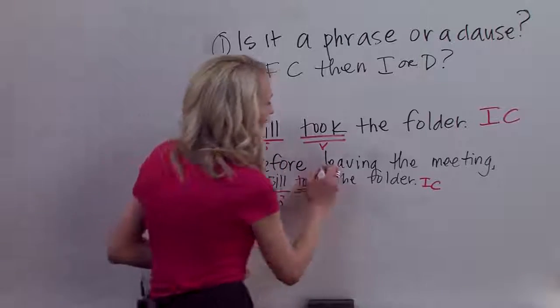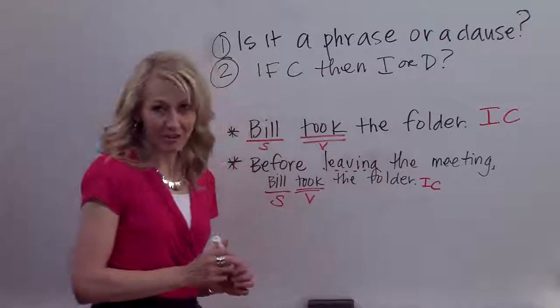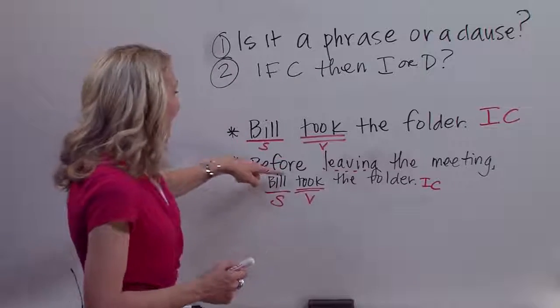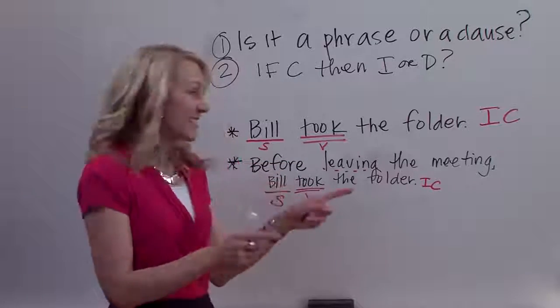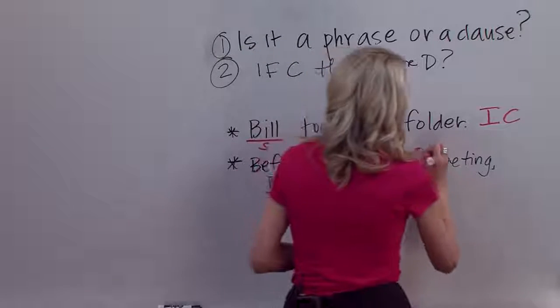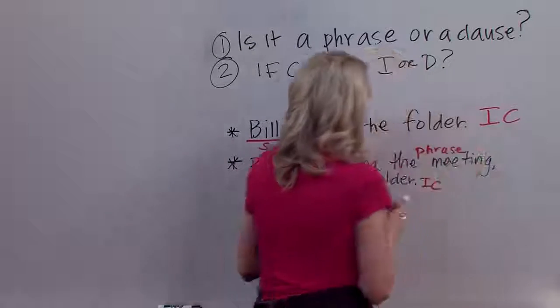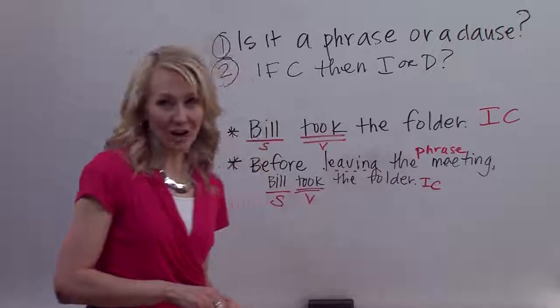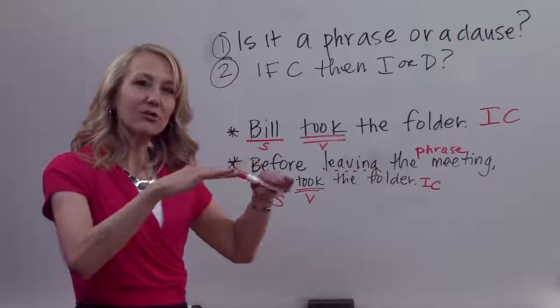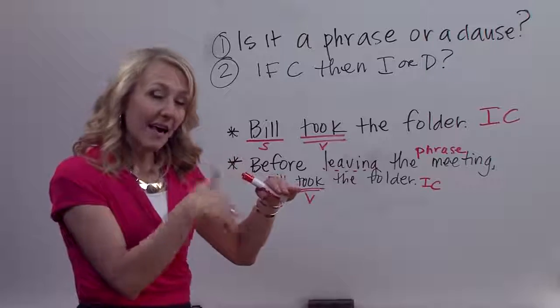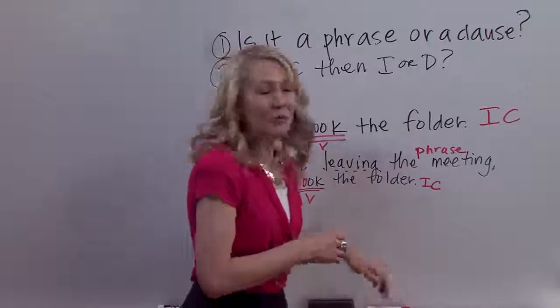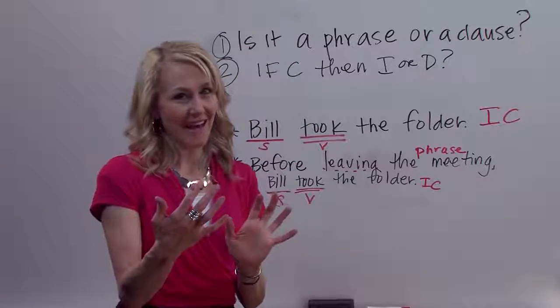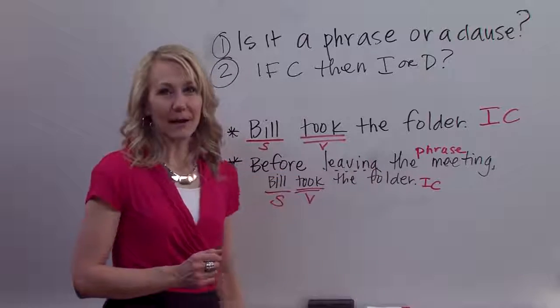I have a verb type here, a gerund verb, but I have no subject. So this is, in fact, a phrase. So I have one independent clause. Phrases are sort of neutral, and they don't impact the type of sentence that I have. This is one independent clause.